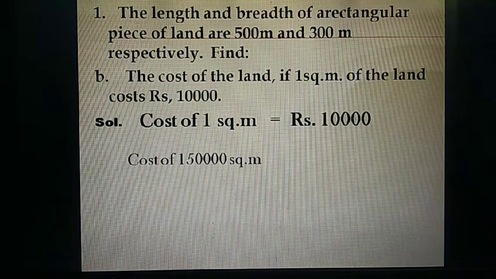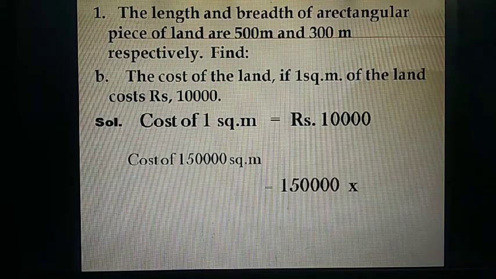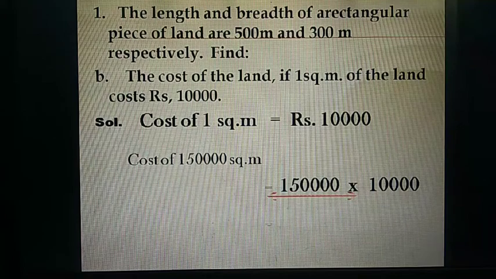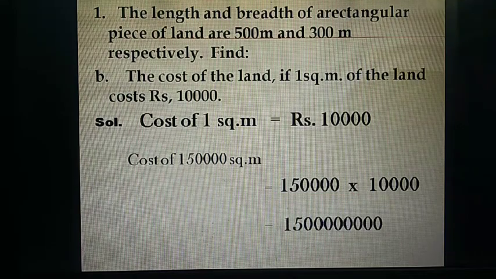So we will find the cost of this area. 1 is given to you. You have to find cost of calculated area. Simply multiply the two values. Here, now you will have 15 with 8 zeros. Now it's a cost, so we will write the answer in rupees.